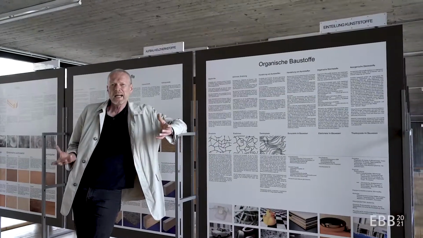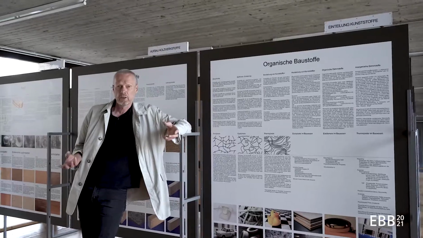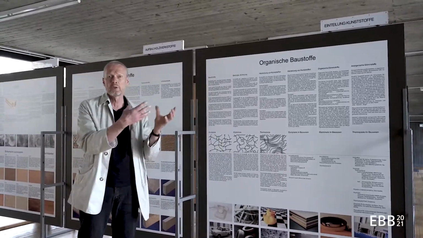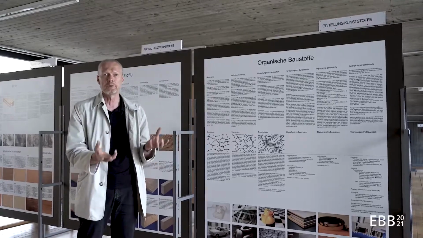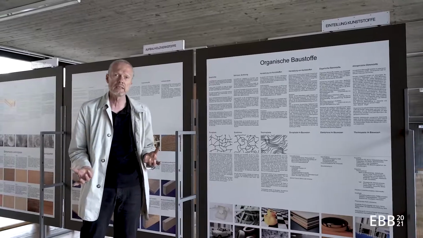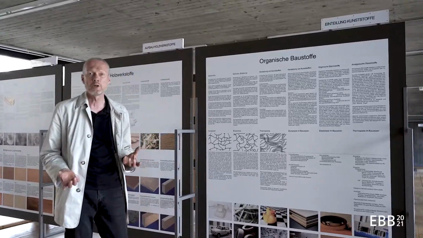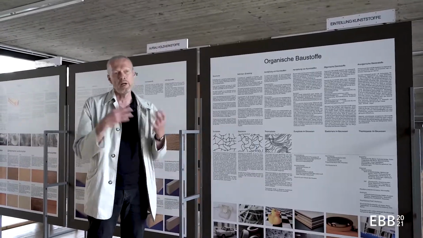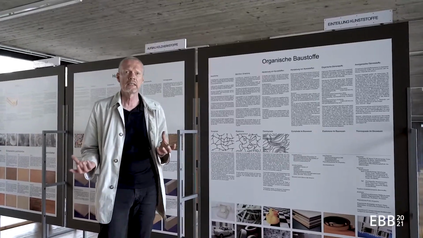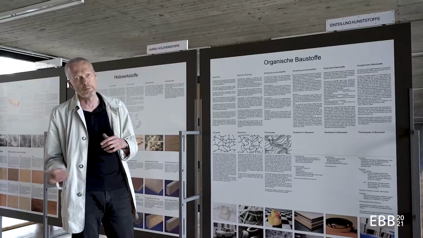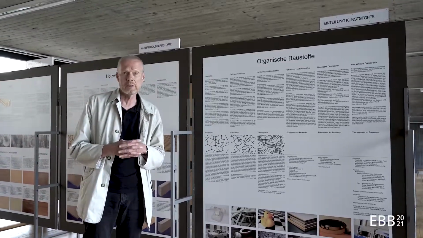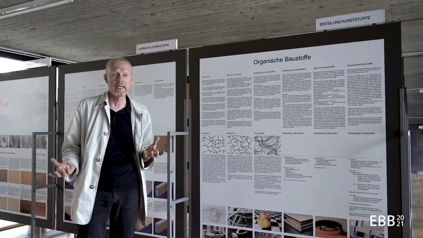In general, what are the qualities of these organic materials? Well, certain ones of them are growing outside. Those are the natural organic materials, and in recent years they have been gaining importance because while growing they bind carbon dioxide, and when you burn them or you let them rot, the carbon dioxide is liberated again.